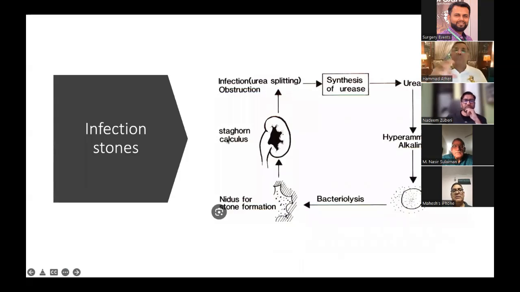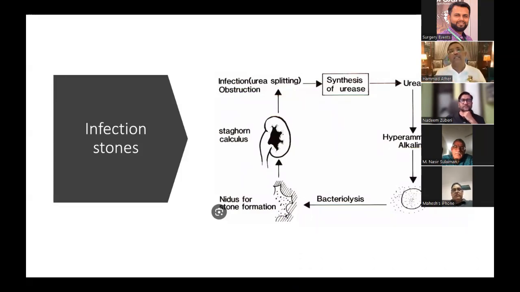So this is a vicious cycle, infection and obstruction, particularly if you have urease producing organisms, which include not only Proteus, which is the most commonly found. You have Ureaplasma urealyticum, Nocardia, Cryptococcus, Helicobacter, then Klebsiella, then Staph aureus and Staph epidermidis.